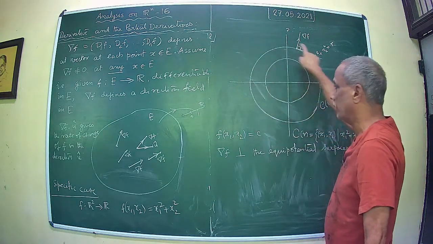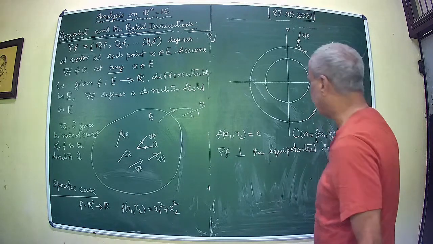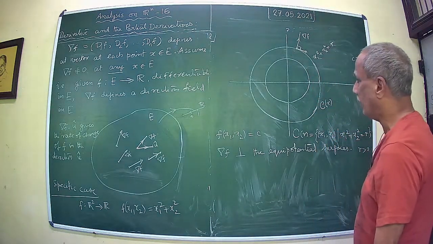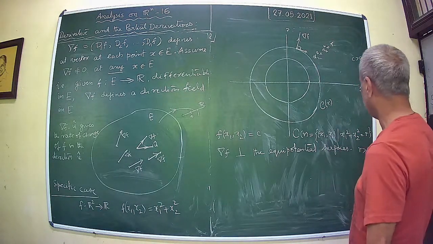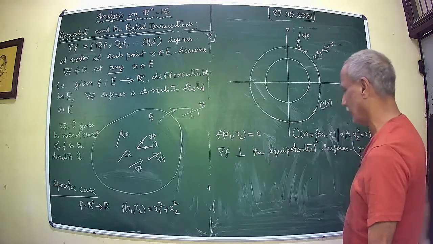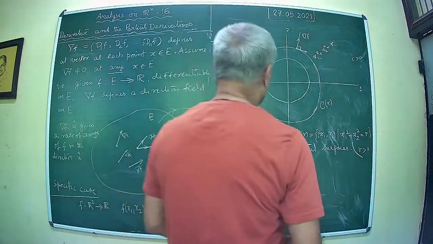So throughout the curve you have the same value, therefore it does not change at all, therefore the derivative is going to be 0. And grad F turns out to be orthogonal to the equipotential surface for some value. Okay, right? So that's an interpretation that you have.